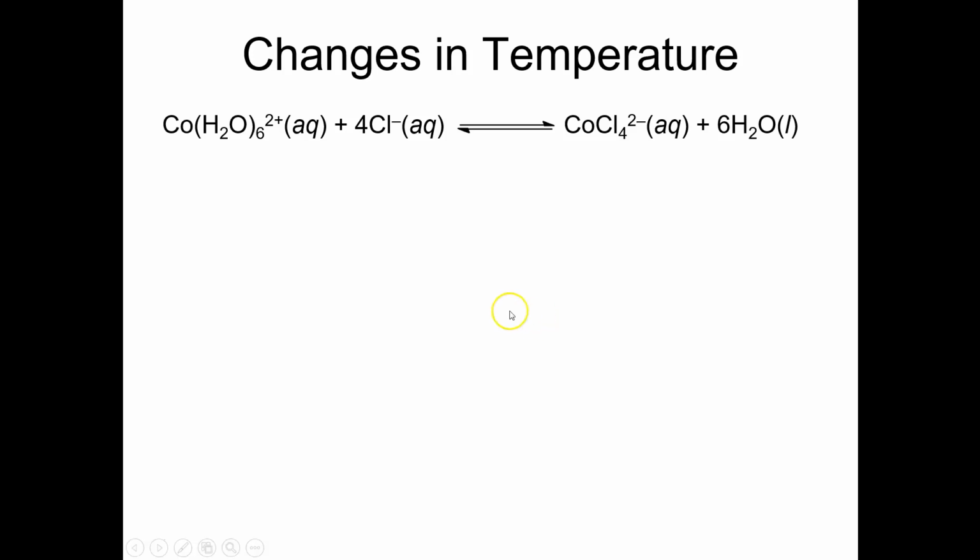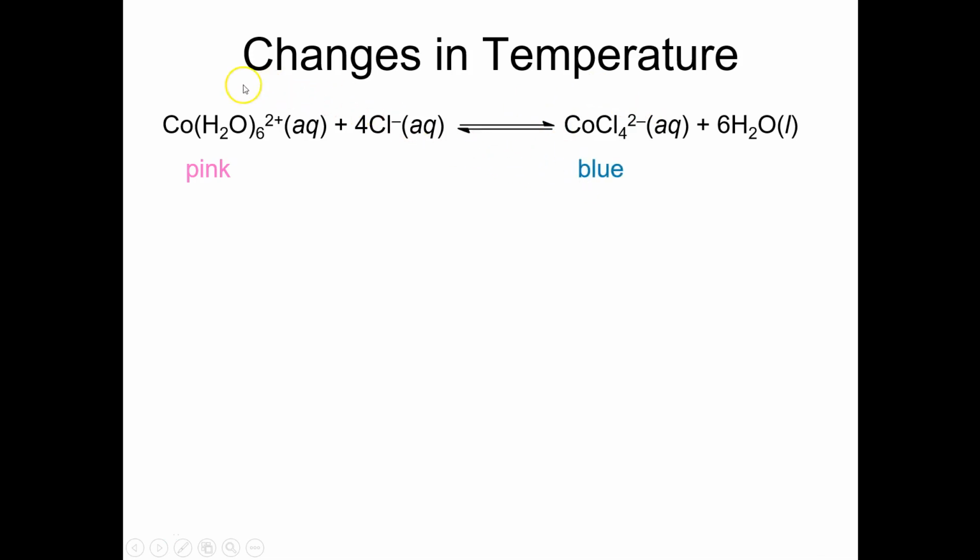This is the equilibrium between what's called the hexaaquo cobalt complex and the tetrachlorocobalt complex. What's interesting about these things is that this particular complex ion has a pink color. This particular complex ion has a blue color.